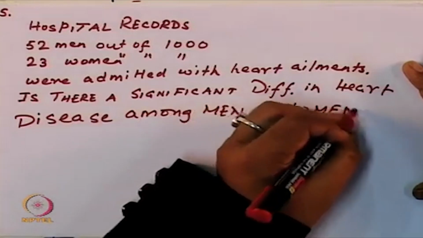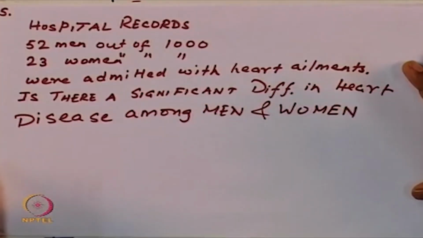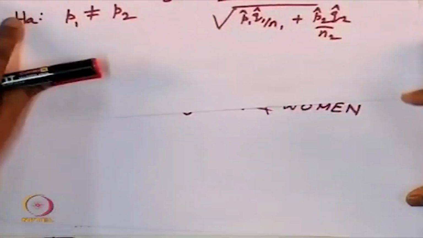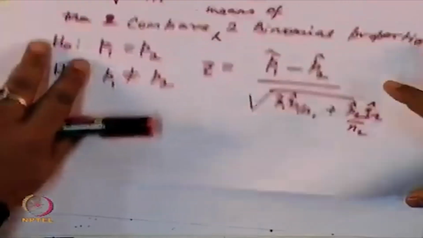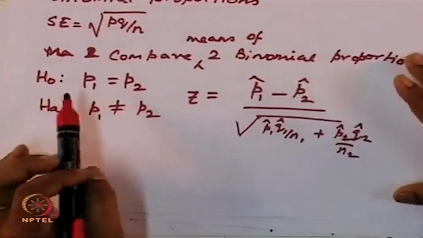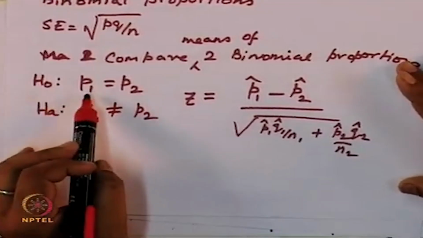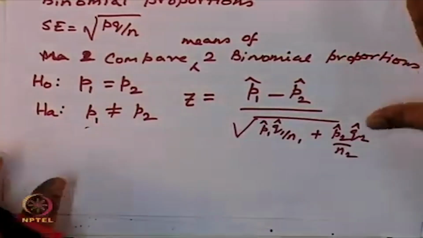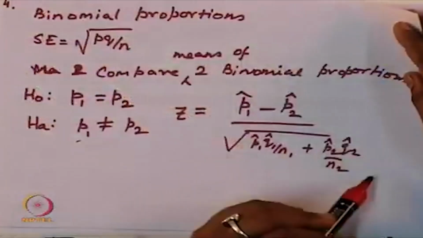So, our H naught remains the same as before: we want to test the hypothesis whether P1 is equal to P2, or the alternate hypothesis P1 is not equal to P2. Now, we want to calculate this test statistic Z equal to P1 hat minus P2 hat by this.